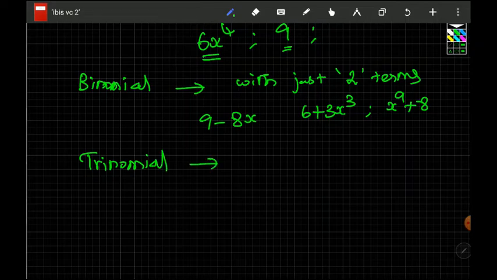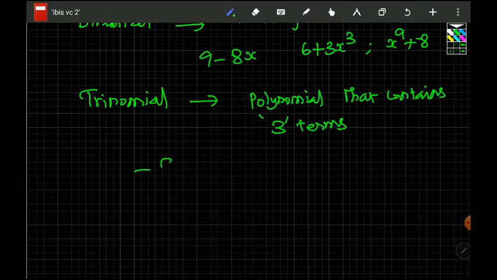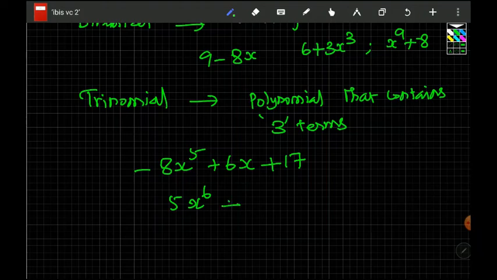A trinomial is a polynomial that contains three terms. Some examples: minus 8x power 5 plus 6x plus 17 is a trinomial. Another example is 5x power 6 plus 3x cube plus x, which is again a trinomial.